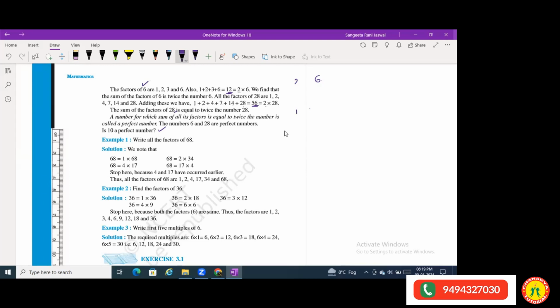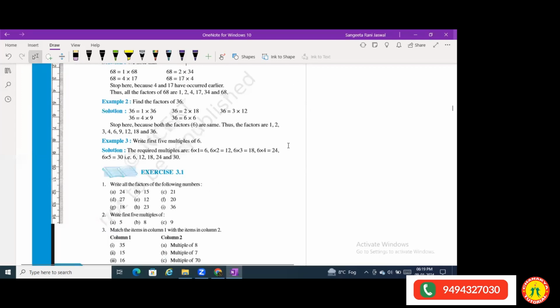Write all the factors of 68. Find the factors of 68, do it yourself. Then move to the exercise part.